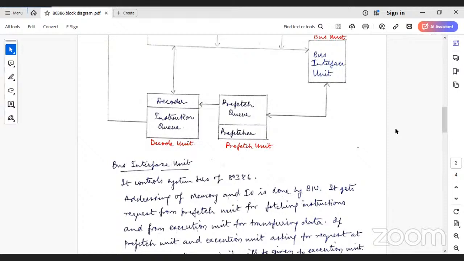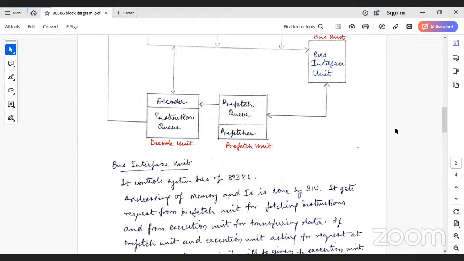The system bus means the data bus, address bus, and control bus. By control bus, it means all the different controlling operations. Read and write also come under control. If you have to read something from the input device or write something to the output device, then you have to send or receive that particular data from that peripheral.